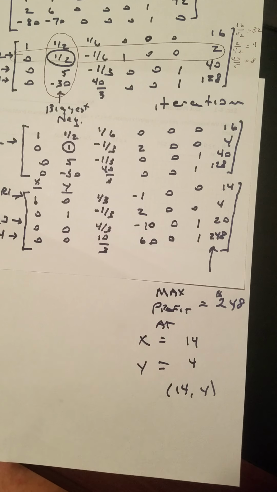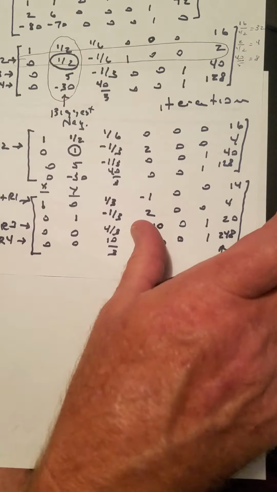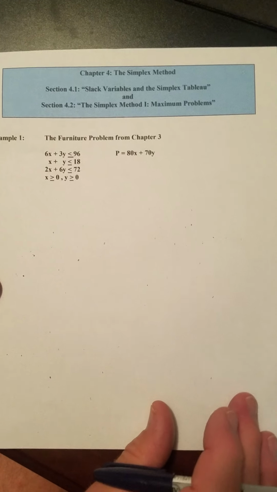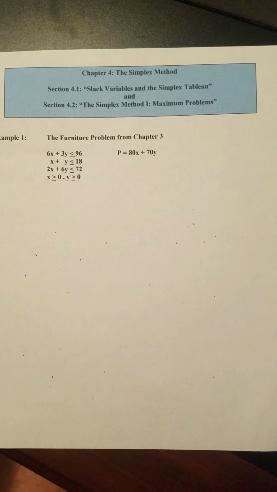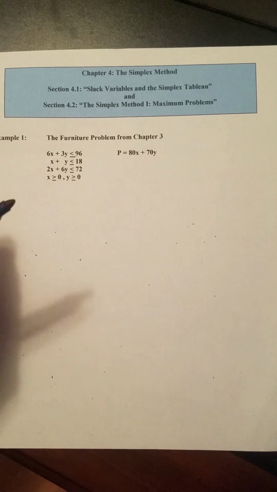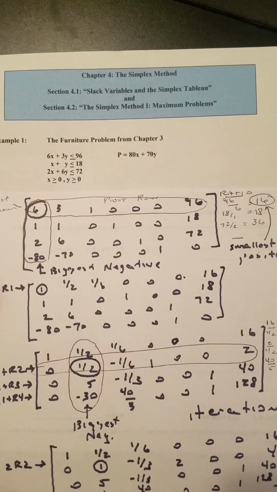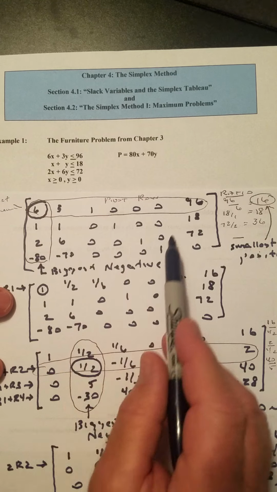Okay, so let's go back and talk about, just quick review this whole problem. So we started out with this. This was the same problem from chapter 3. So the first thing you got to do is write that into matrix form. So that was my first step.